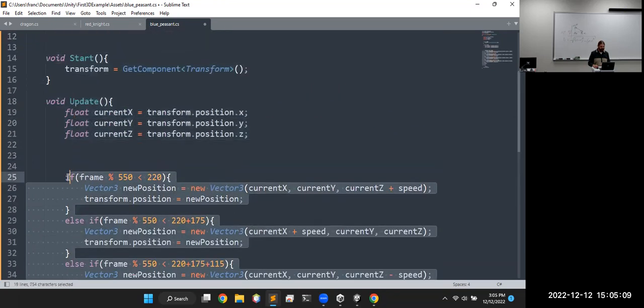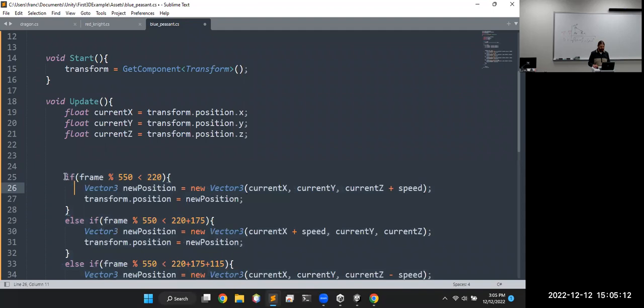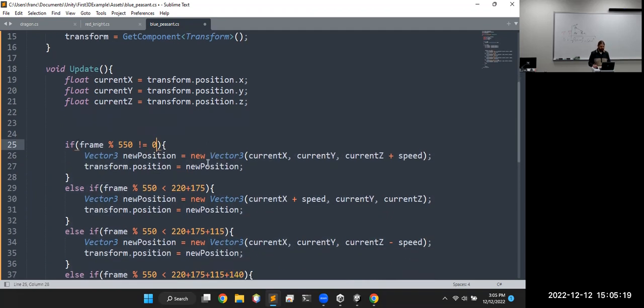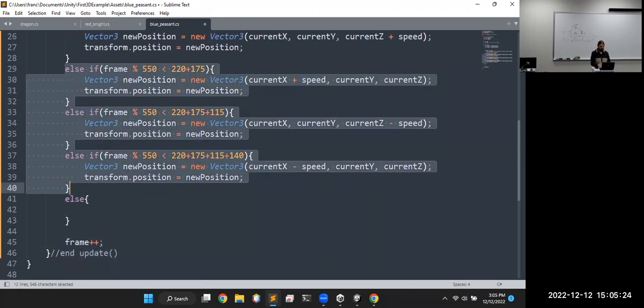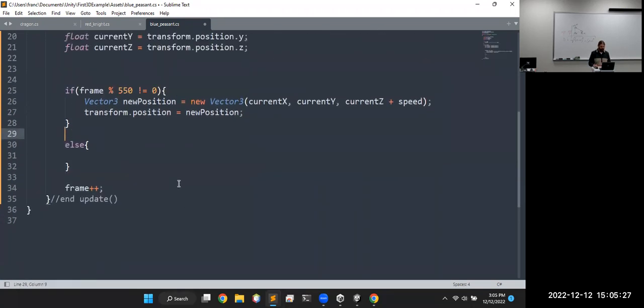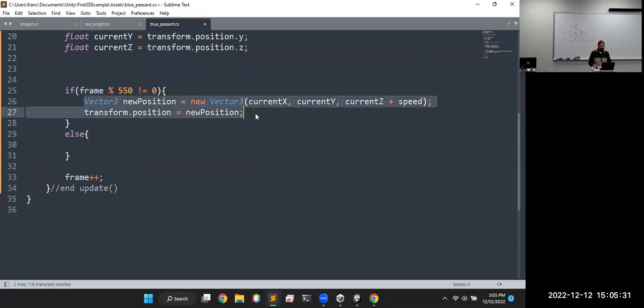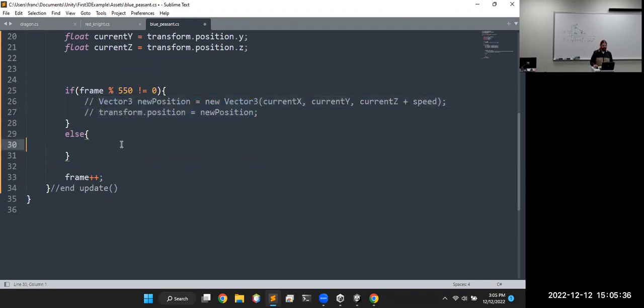So instead of making that exactly the same, let's say if frame mod 550 is not equal to 0, then we want to move in some direction, and otherwise we'll change our direction. I'm going to comment that out for a second, because if it's not that, then what we want to do is choose a direction. Yeah, that direction field, bless you.